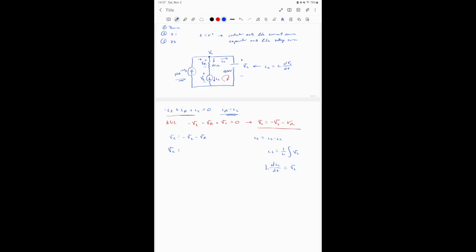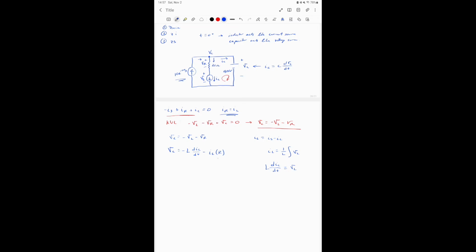So what we can do with this is plug this value in. So this is going to be minus L times dIL over dt minus VR. Your VR is a current times a resistance, right? That's going to be the voltage. So this is going to be IL times R, right?